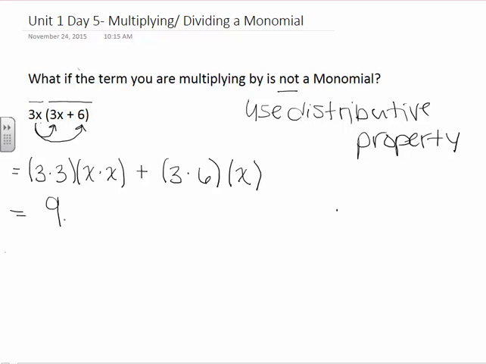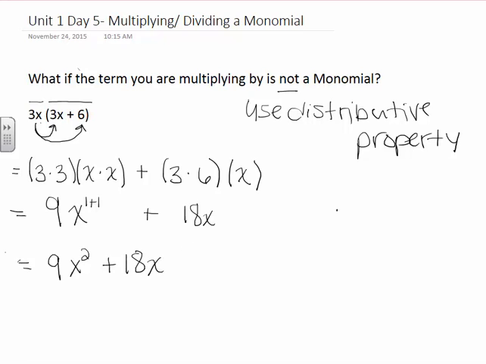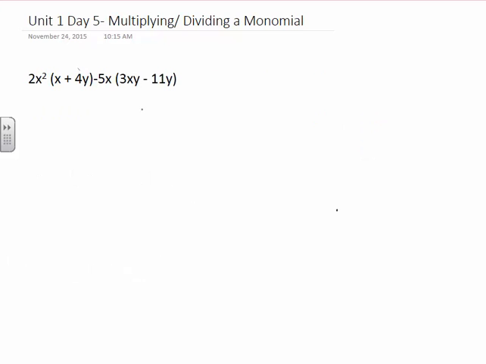And we finish with 9 x to the 1 plus 1, plus 18x, which brings us to 9x squared plus 18x. And that is our simplified version of the first question.